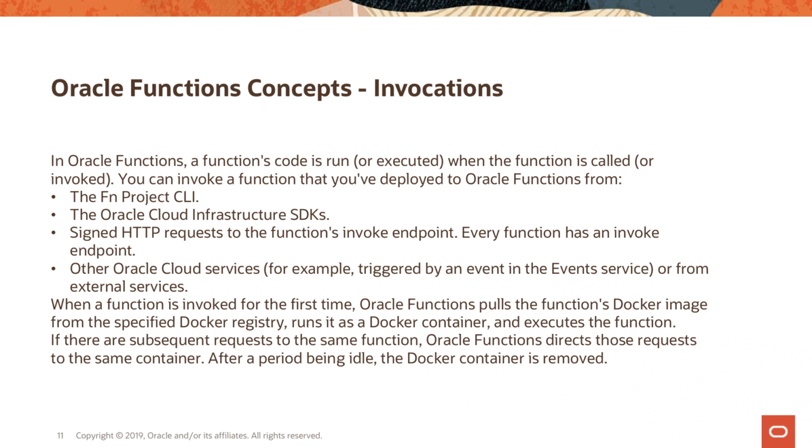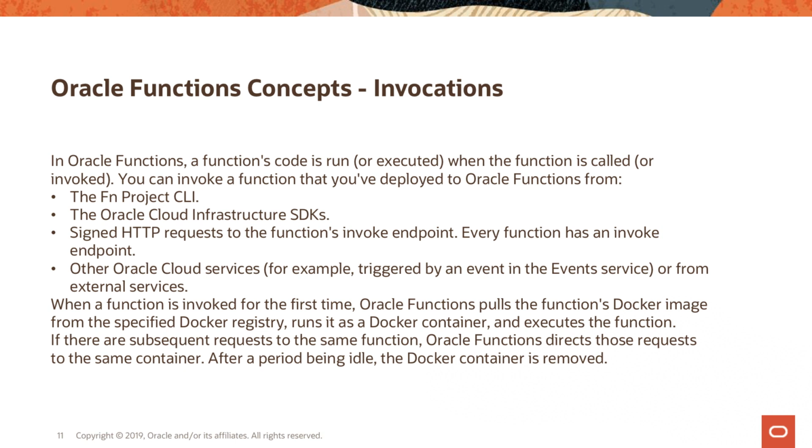When the function is invoked for the very first time, the function's service is going to pull the Docker image from the registry that you have specified and run it as a Docker container. The system manages the orchestration of whether to retire the container if it is not being used.